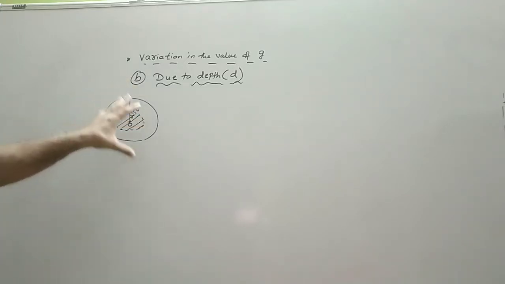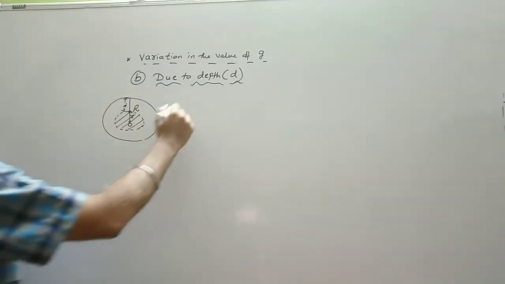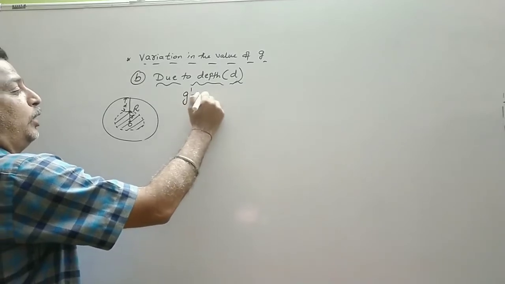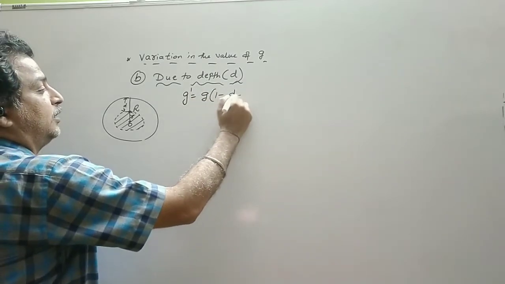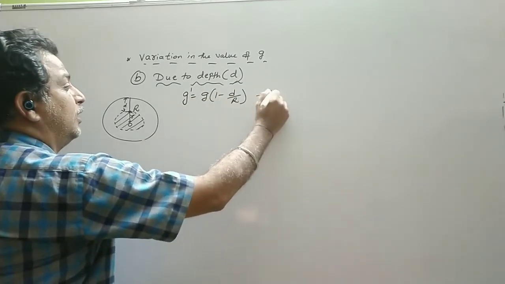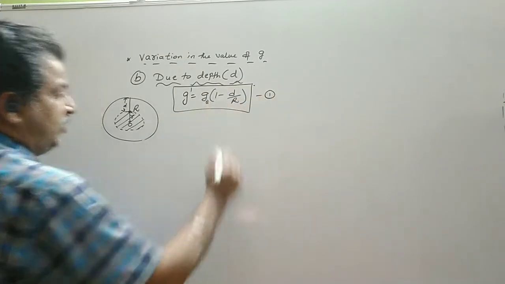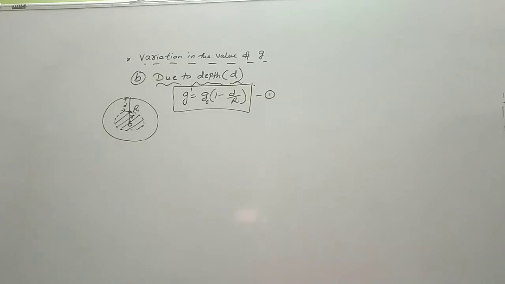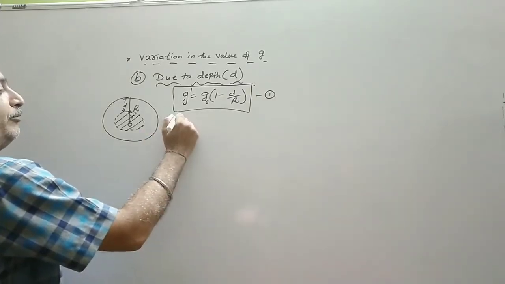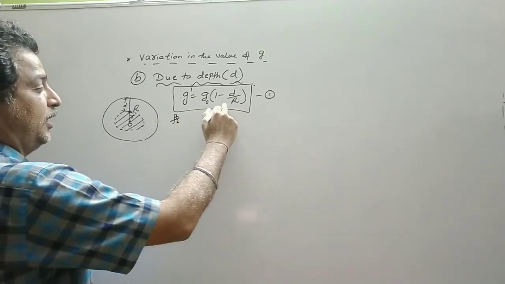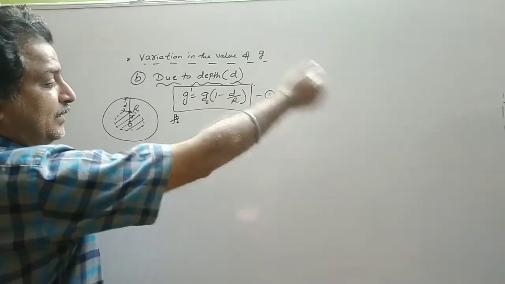So this is how we derived the formula, and we found that g dash was equal to ge into (1 minus d upon R). So this was our general formula, where this ge was the value of g on the surface of the earth. Now we have to again find out the fractional decrease. Again it is clear that it is ge minus something.